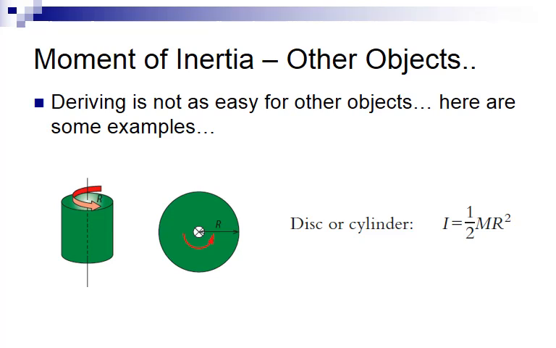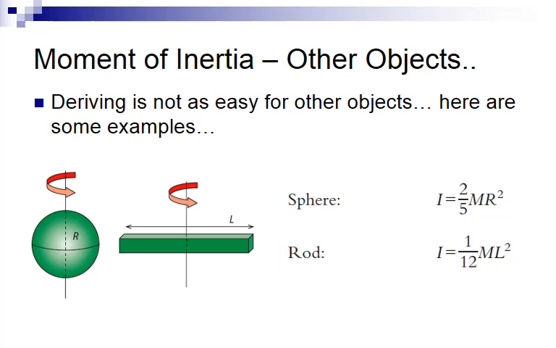But for a disk or a cylinder, we can get the moment of inertia by 1/2 mr squared, so dealing with the radius of the entire object, and then 1/2 the mass of the whole thing times r squared. For spheres, we can get the moment of inertia 2/5 mr squared. And a rod, like this one here, that's rotating about an axis, 1/12 ml squared.